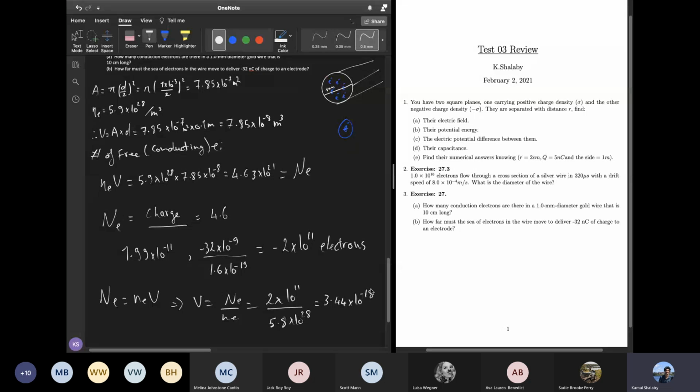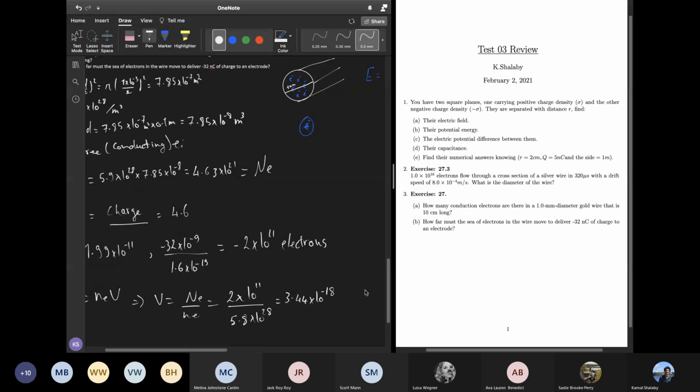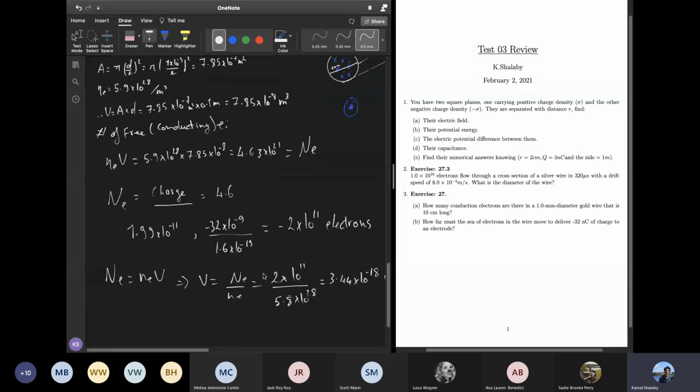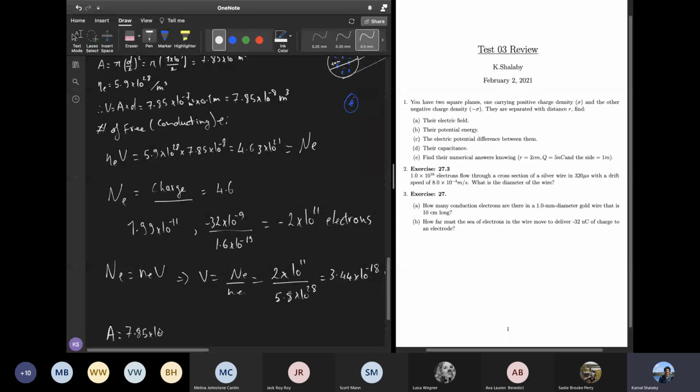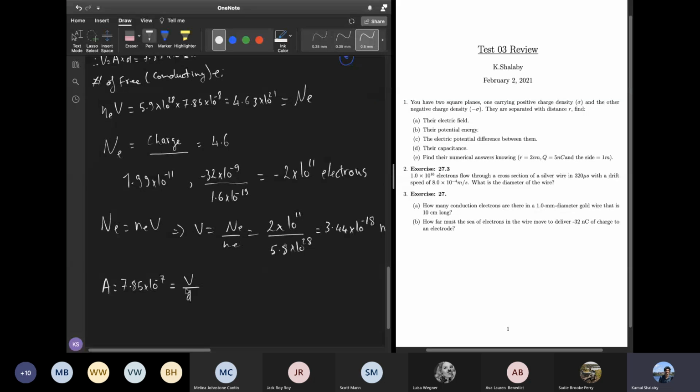That will be meters cubed. Okay, and we do have our area, which is equal to 7.85 times 10 to the power of negative 7, which can equal V over D, where D is how far we need to find the sea of electrons.